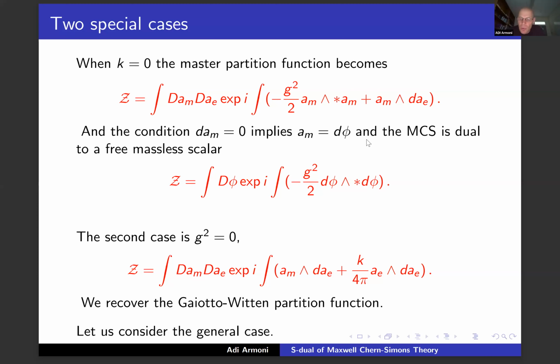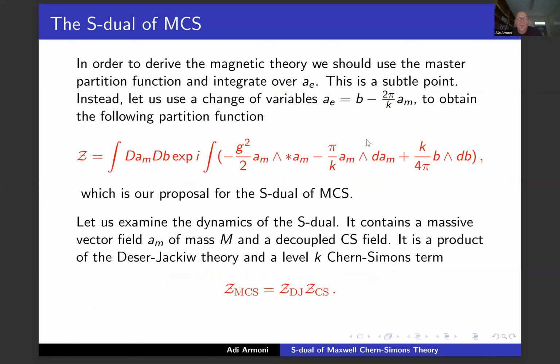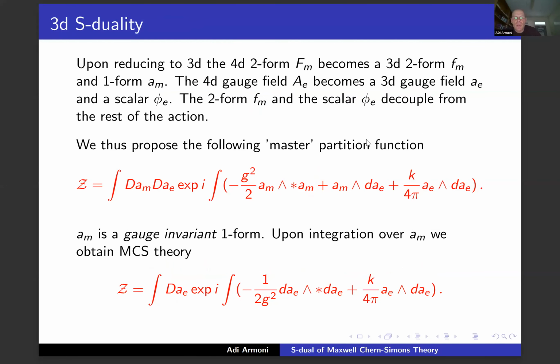And now let's see the full solution. What we need to do is take the master partition function and integrate over AE. But that's not an easy task, but there is a trick, and the trick is to change variables. Let me show you the master partition function. So that's the master partition function. And what we see is that we have an interaction term between AM and dAE.